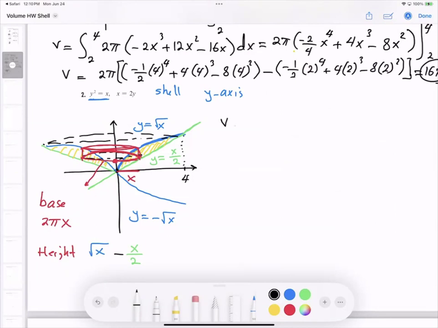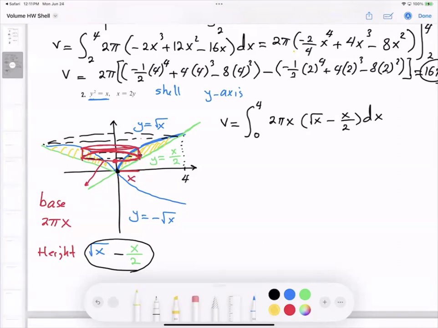So the volume using the shell method is the definite integral. What's the boundary for our x? x is bounded between 0 and 4, and this is the radius as well, am I right? It's just moving 0 to 4 of the circumference of the base, which is 2 pi times x, times the height, which is square root of x minus x divided by 2, then dx.